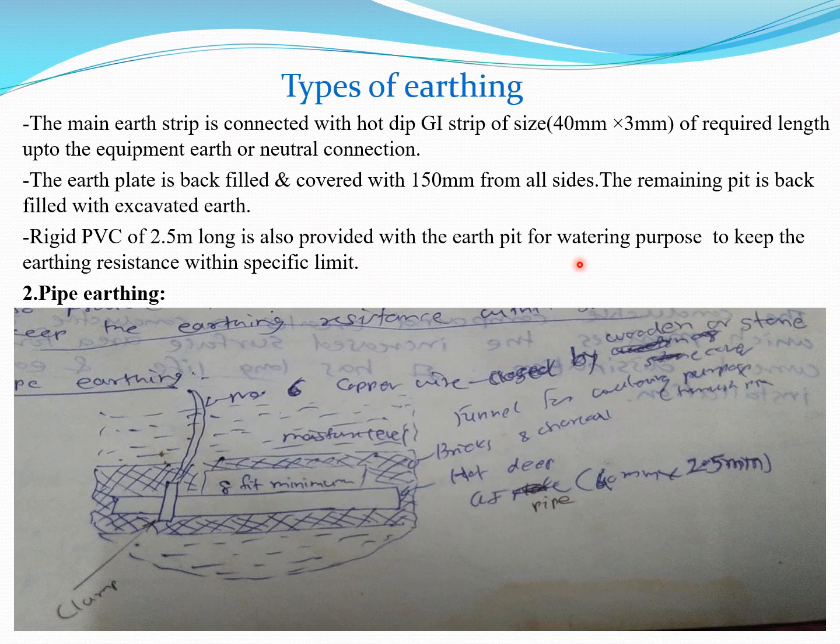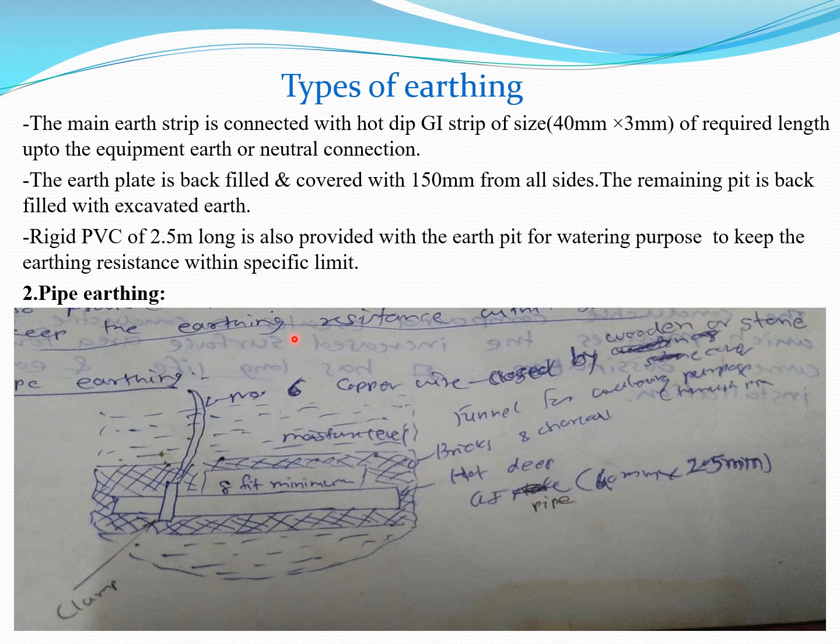The earth plate is backfilled and covered with 150 from all sides. The remaining pit is backfilled with excavated earth. Rigid PVC of 2.5 meter long is also provided with the earth pit for watering purposes to keep the earthing resistance within the specific limit.